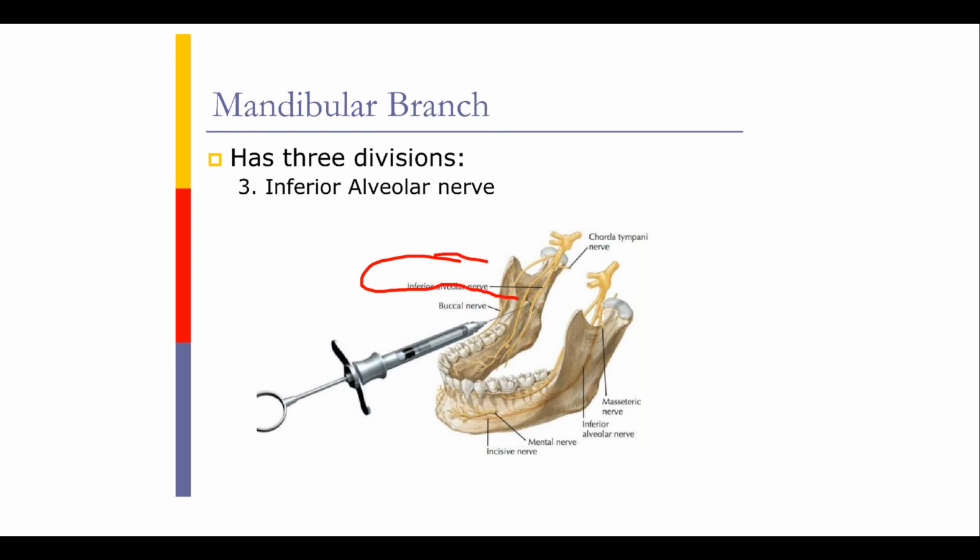And this comes down and it supplies basically all of the teeth of the lower arch. Again, here's on this side, you can see the inferior alveolar nerve, and that comes down here and supplies all of the lower teeth.